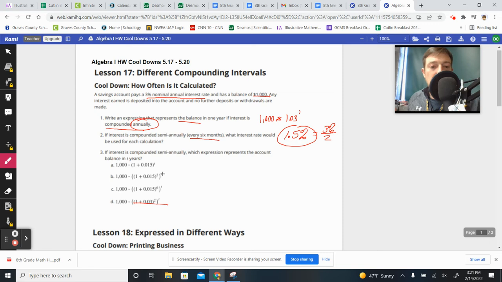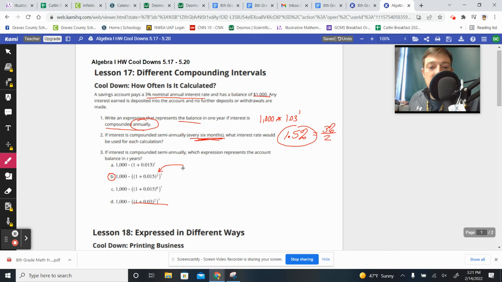And to the number of years t, if it was 1 year, it'd be 1 power there. If they did it twice, it'd be 2. If it was 3, so on and so forth. So the correct choice here is B. A lot of people see the 6 there and they think because of the every 6 months, that's what goes there in the multiplier. No, it's the number of times.